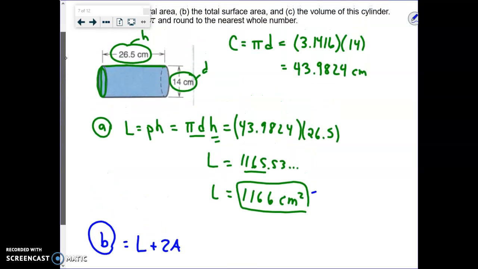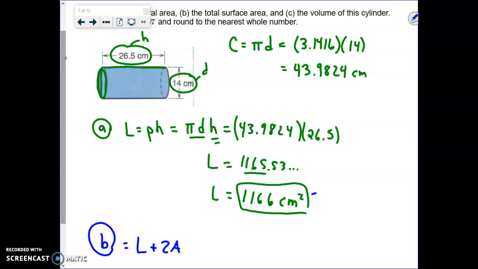Well, again, if you do that, area of the base, and you can use any formula you like on the formula sheet, but area of the base is equal to pi r squared. So we're going to take 3.1416 times the radius. Now, if the diameter was 14, we've got to divide that by 2 to get the radius. So the radius is equal to 7, and we're going to square that.